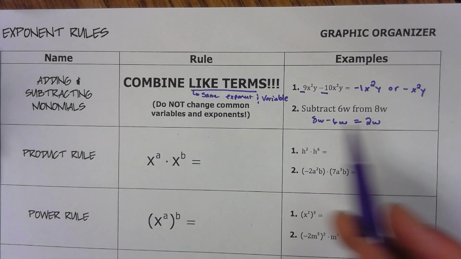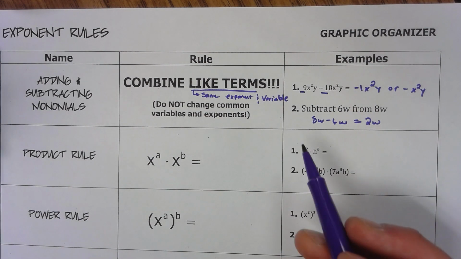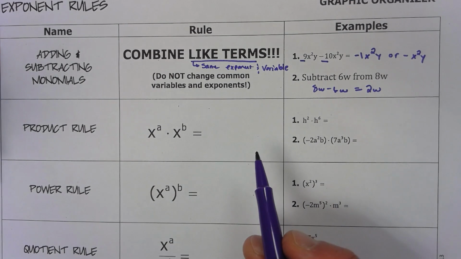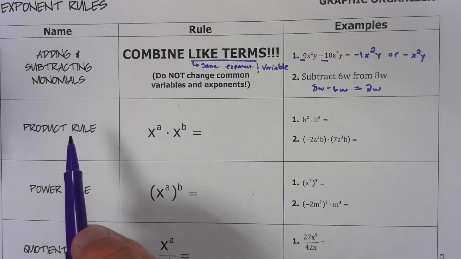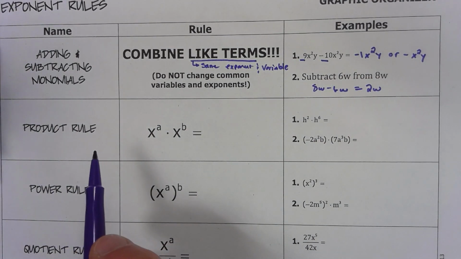But the reason I want to remind us about that is because the exponents aren't going to change there. But now as we start to do other operations with terms that do have exponents, they're going to start to change a little bit.